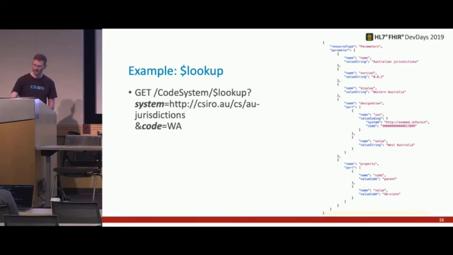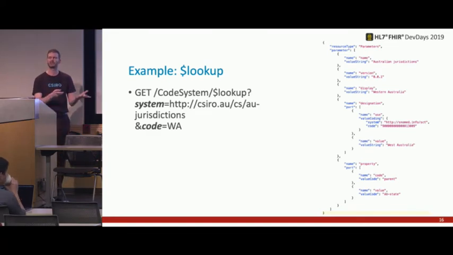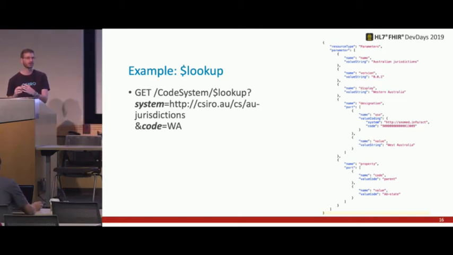It has a designation, which is a synonym, so that's the SNOMED code for synonym, and the synonym is West Australia. And then it has a property down the bottom that says its parent is AU state. So it tells us that WA is a state as opposed to a territory in Australia. So that comes back with all the information that the terminology server knows about that code in that code system.